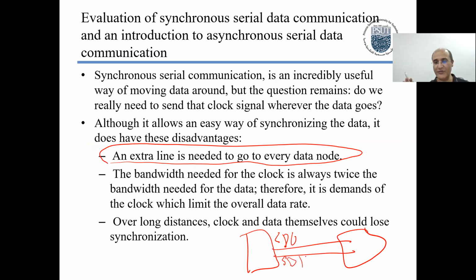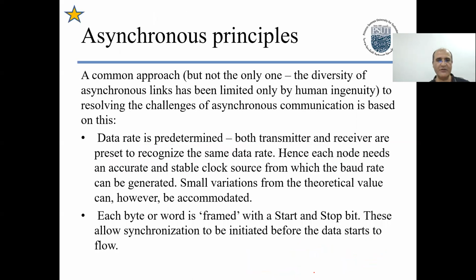This should be enough for an asynchronous serial communication, but since it's synchronous, you send the clock as well. So extra wiring. The bandwidth of the clock limits the bandwidth of the transmission, which will be half of the frequency of the clock. Over long distances, a clock may drift and you can lose synchronization. These are some limitations.